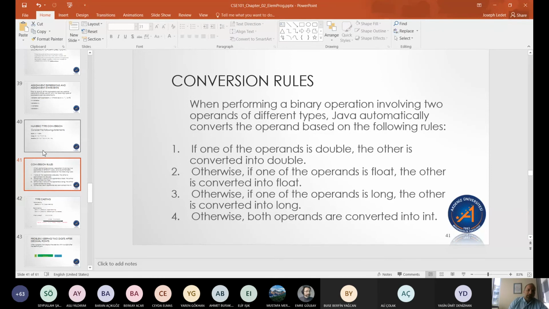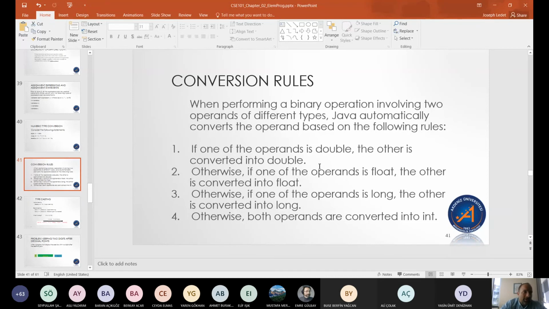Okay, so if one of the operands is a double, the other one is converted into a double and we get a double output. So 5.0 divided by 2, the 2 integer is converted into a double, 2.0, and the result is whatever 5.0 divided by 2.0 would be.